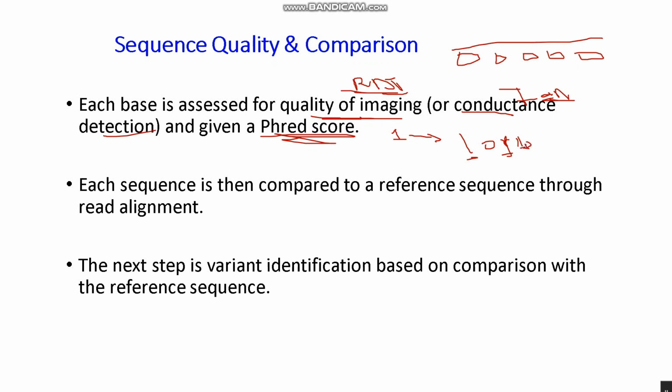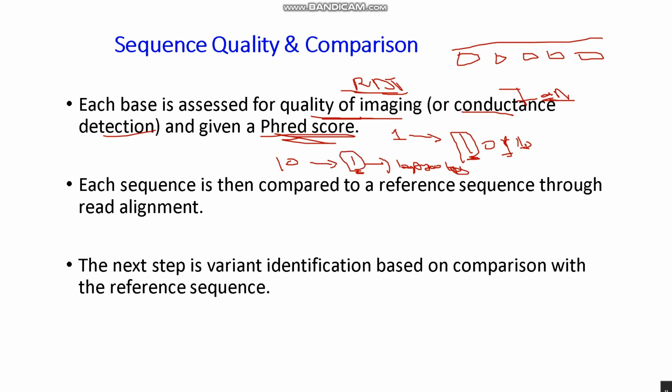If the Phred score is 10, there is only 1 error in maybe 10,000 or 100,000 base pairs.